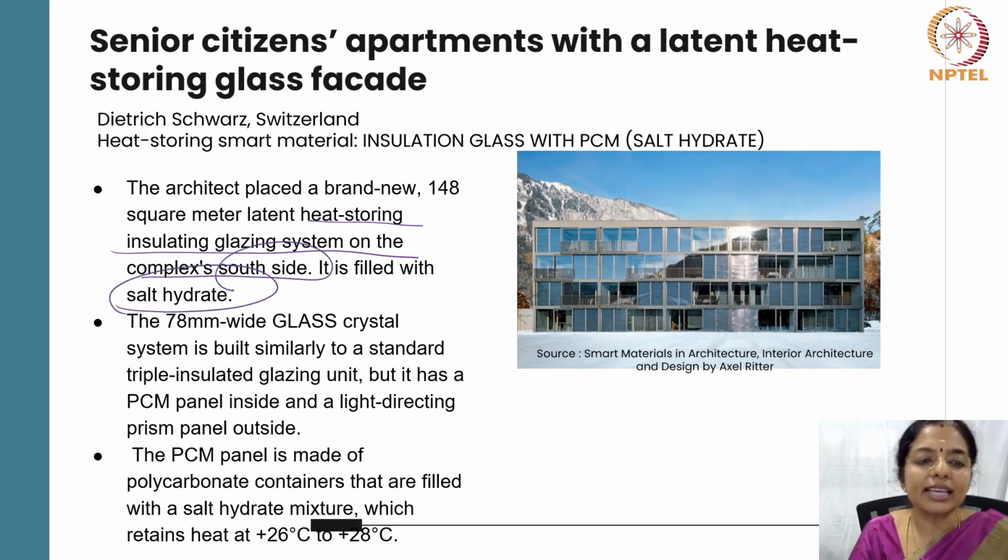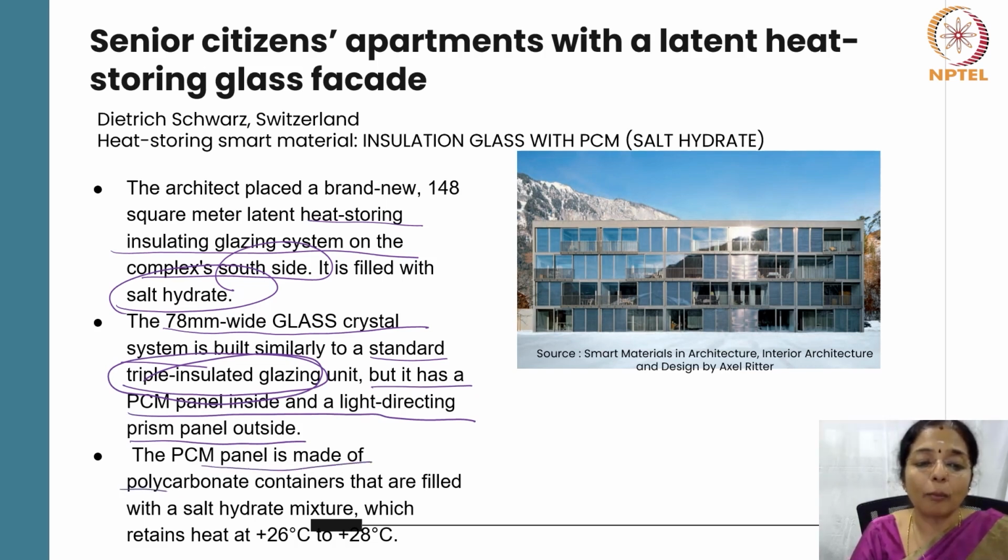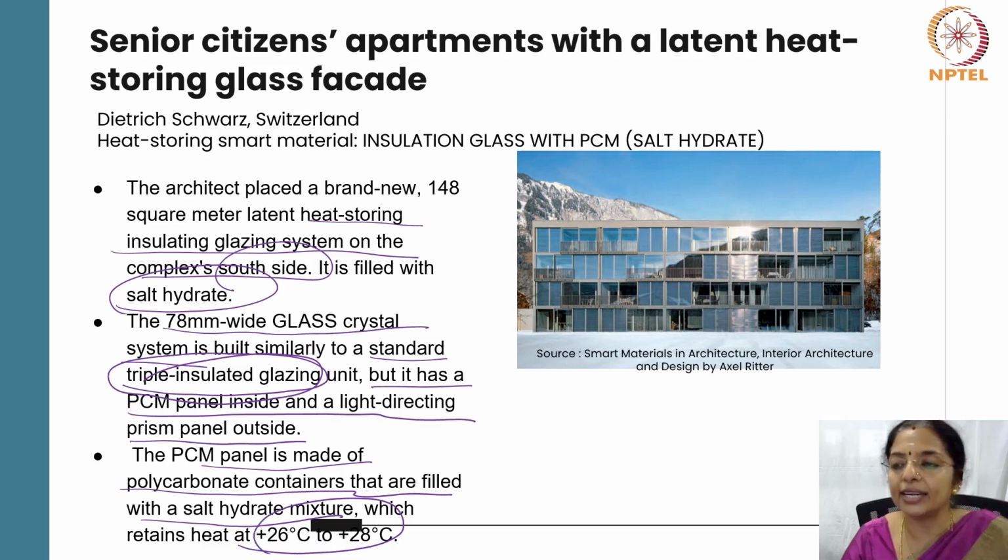The 78 mm wide glass crystal system is built similar to a standard triple glazing unit. We have already seen a triple glazing unit has 4 glass. But it has a PCM panel inside and a light directing prism panel outside. The PCM panel is made of polycarbonate containers filled with salt hydrate mixtures which retain heat at 26 to 28 degrees centigrade.